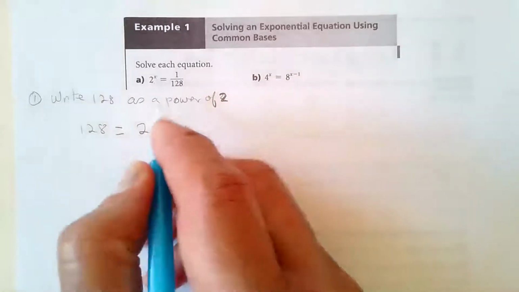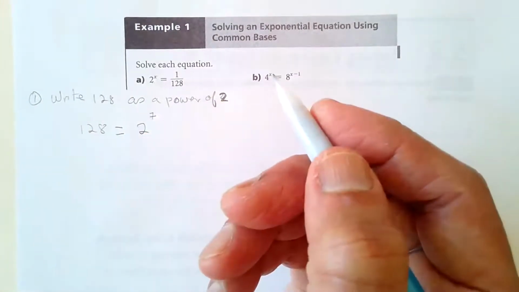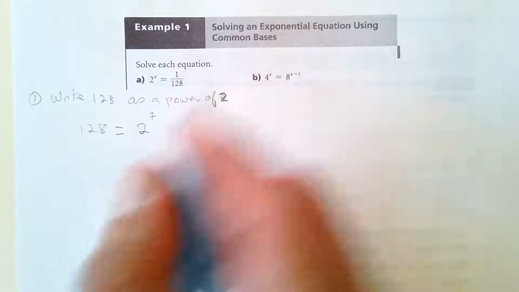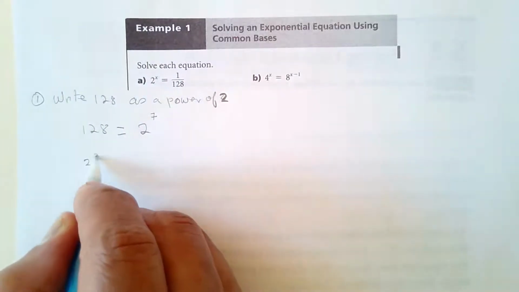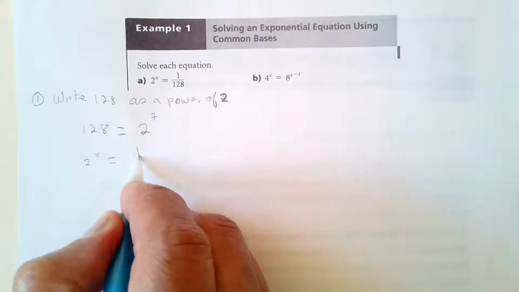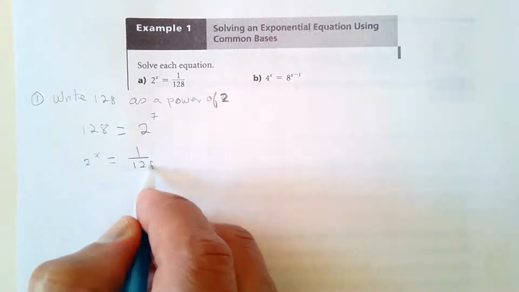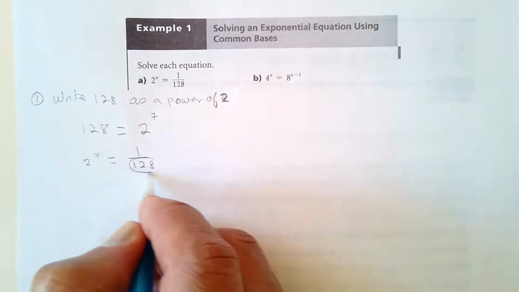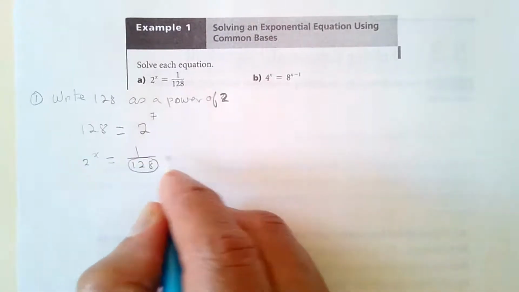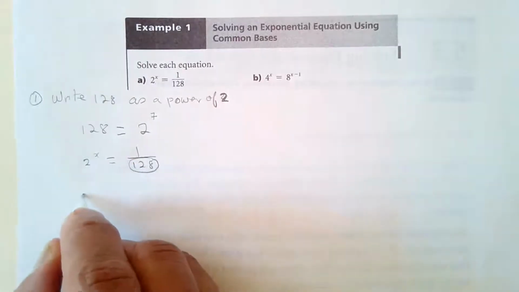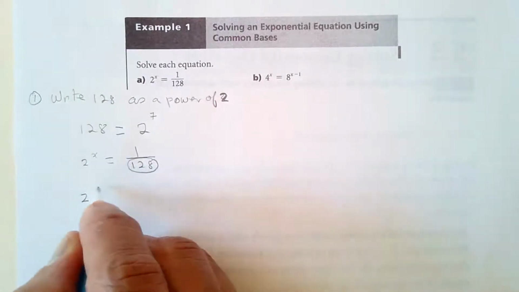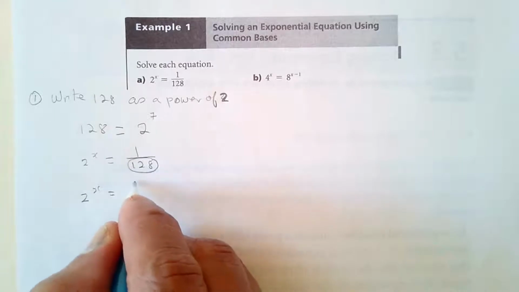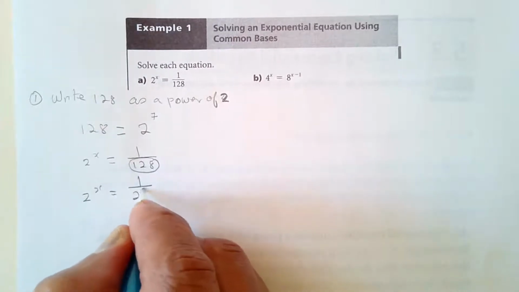Okay, so we know 2 to the power 7. I'll replace that: 2 to the power x is equal to 1 over 128. Now this becomes 1 over 2 to the power 7.